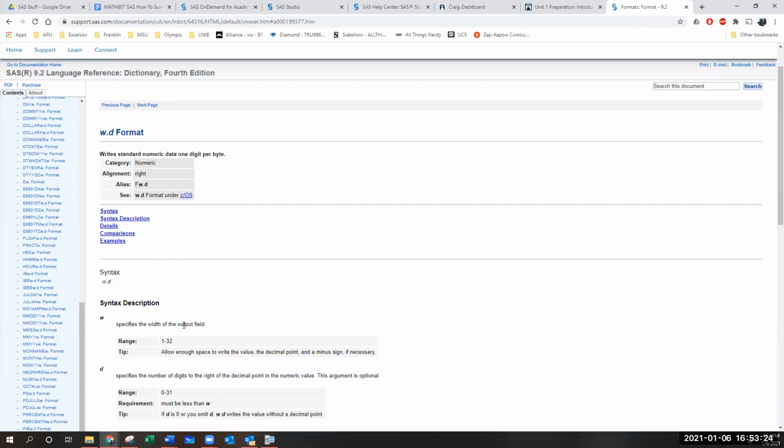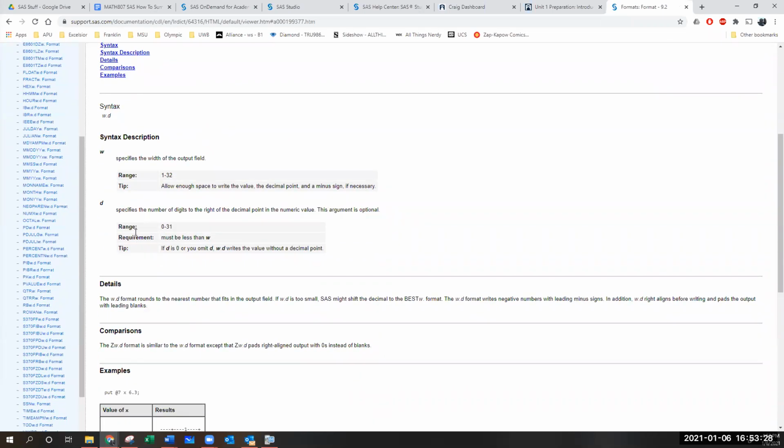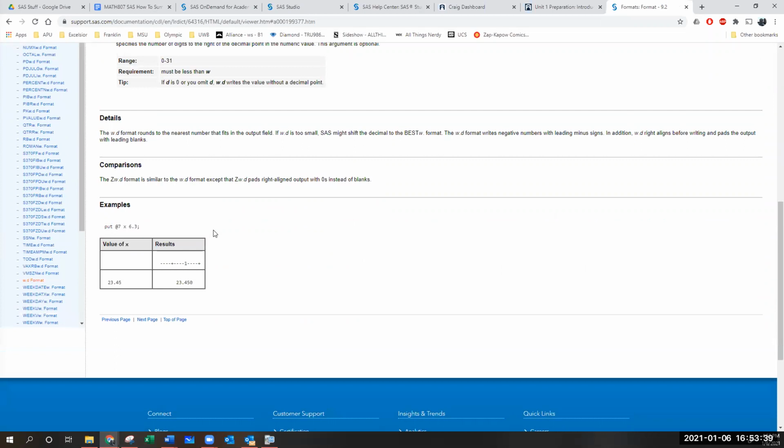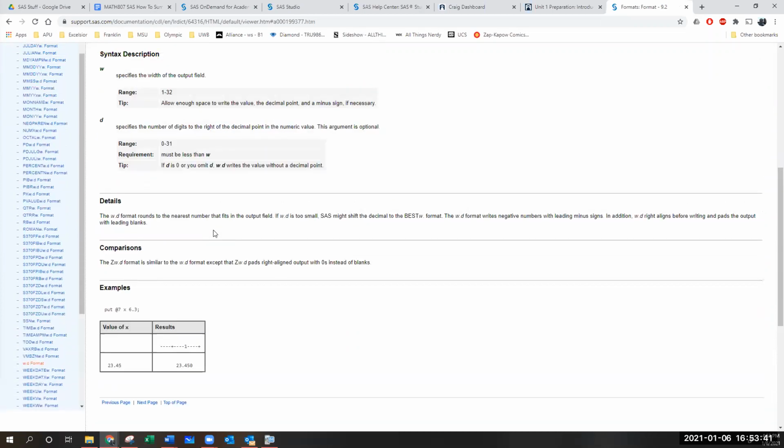Specifies the width of the output field, so that might do it right there. Specifies, oh, here you go. Specifies the number of digits to the right of the decimal place in a numeric value. That's perfect. That's exactly what you want, the D argument. And then they usually have examples of the code.